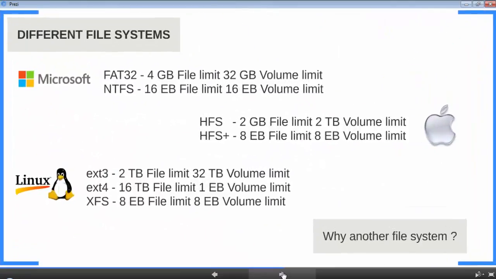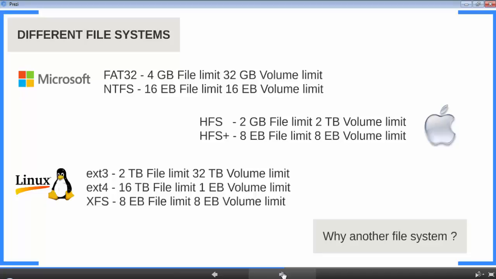Although very old, the most legendary file system from Microsoft is FAT32. Maximum file size a FAT32 file system can support is 4 GB. So if you have a file which is 5 GB in size, you're out of luck with FAT32. And it has a 32 GB volume limit, or a logical drive limit.